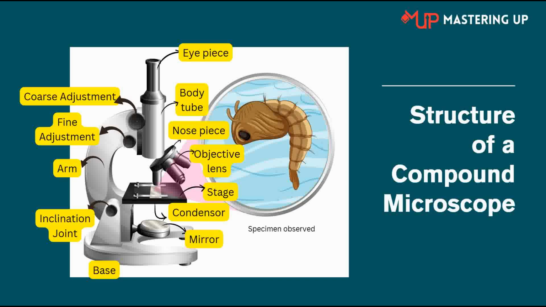It supports the body tube and coarse adjustment. And the inclination joint. It is used for tilting the upper part of the microscope while setting the level of the eye. And you can see the base or foot at the bottom. It gives support and weight to the microscope.